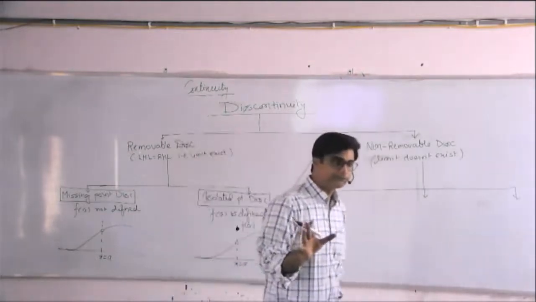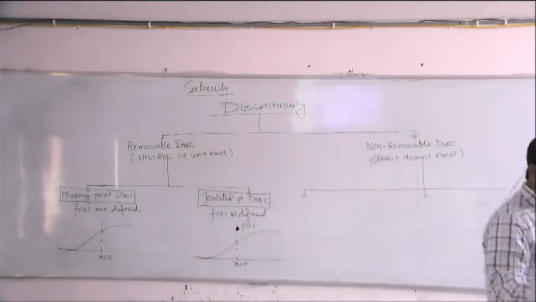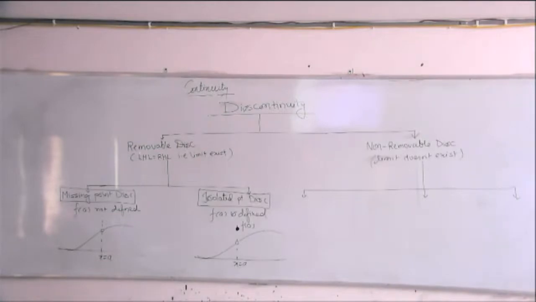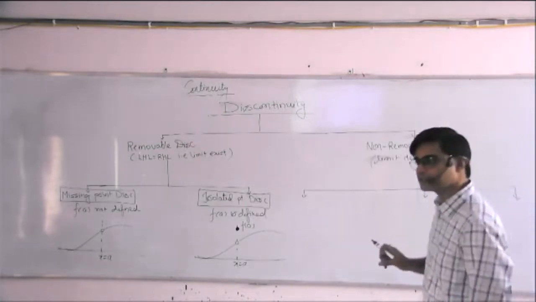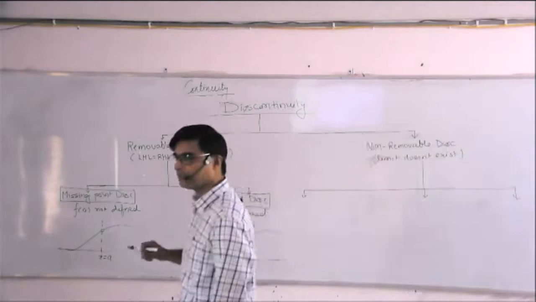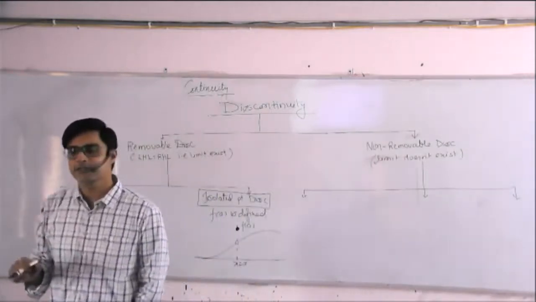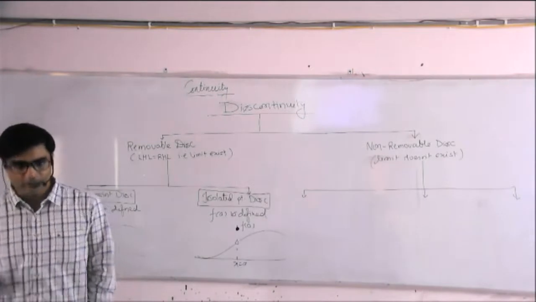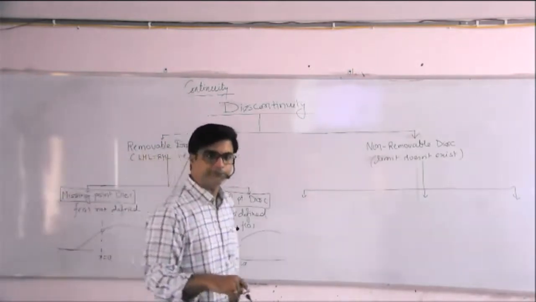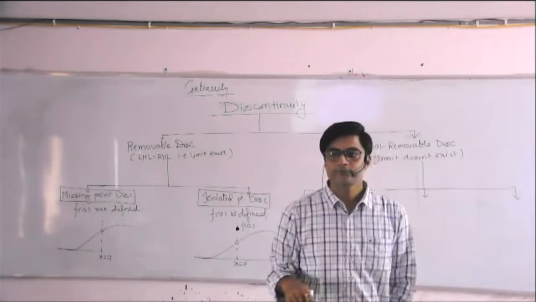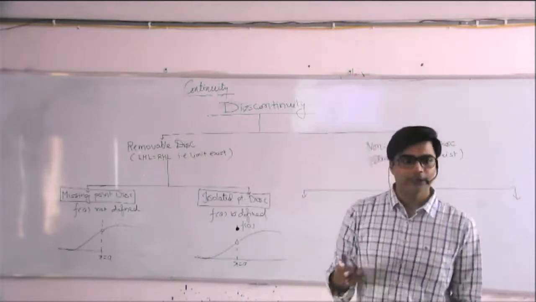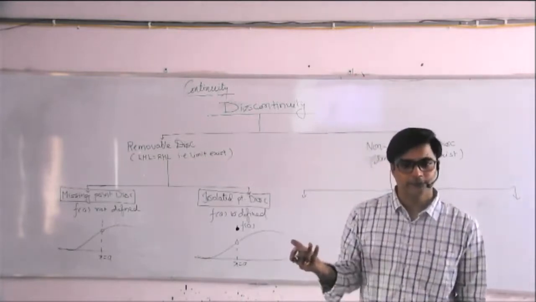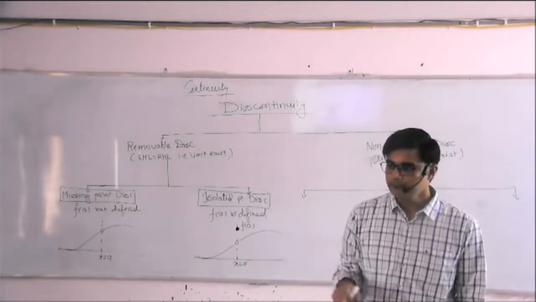Now limit does not exist. Are you awake? So what are the cases when the limit does not exist? First, LHL is not equal to RHL. Second case, LHL is equal to RHL but not finite.